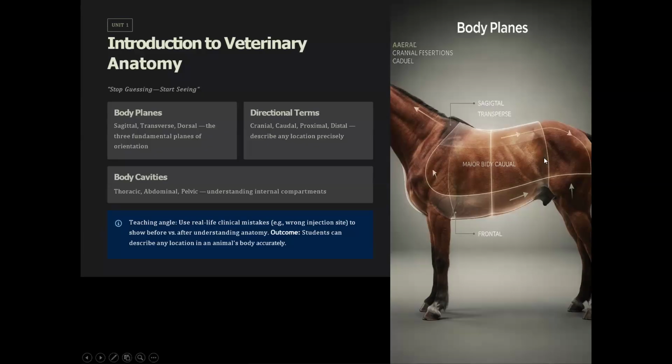Now, when you hear the word sagittal, you would not really understand the word sagittal until you understand the word midline. The midline, or the middle of the body, is that imaginary line that divides the animal's body into two equal halves.